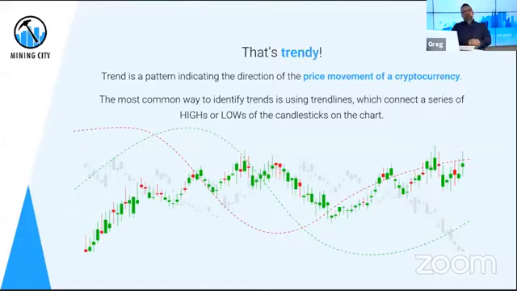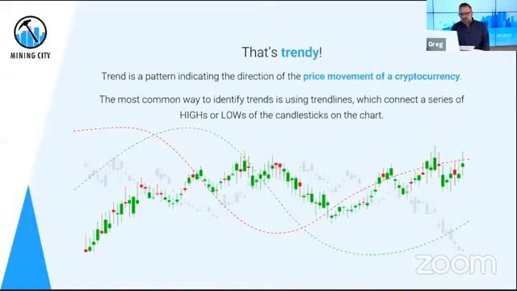You see, with each cryptocurrency, we can observe something called a trend. Trends are patterns that can show us which way the price of a cryptocurrency is moving. There's even a special section of technical analysis dedicated to trends.